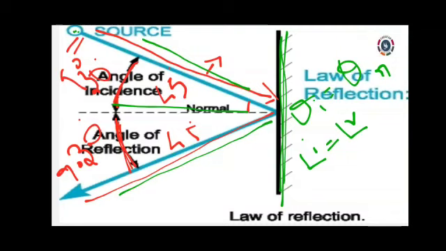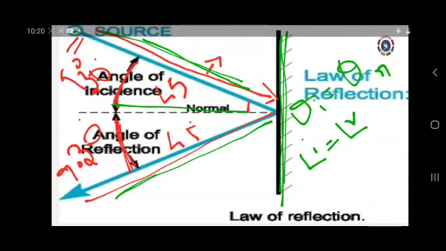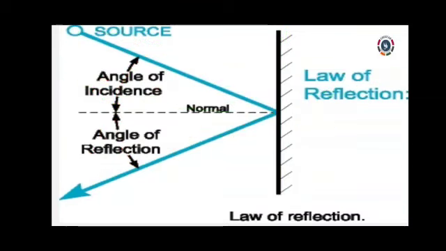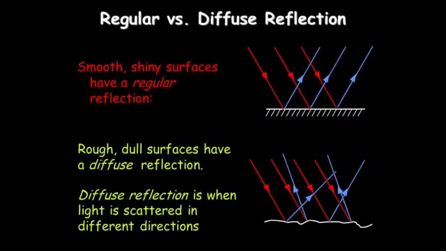What are the three? The incident ray, the reflected ray and the normal. Two laws over. Easy, guys? Yes. These are the laws of reflection. Okay, let's move on.